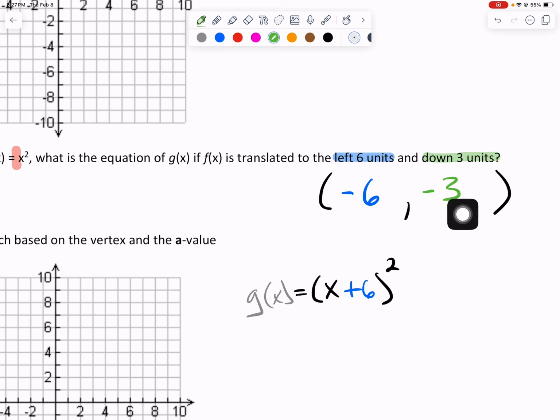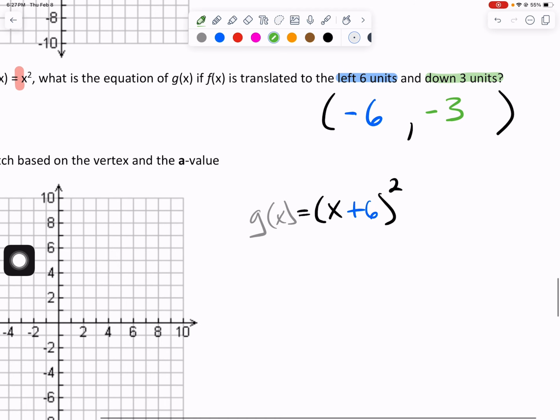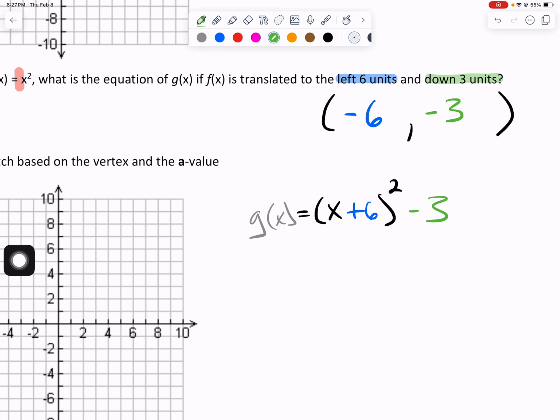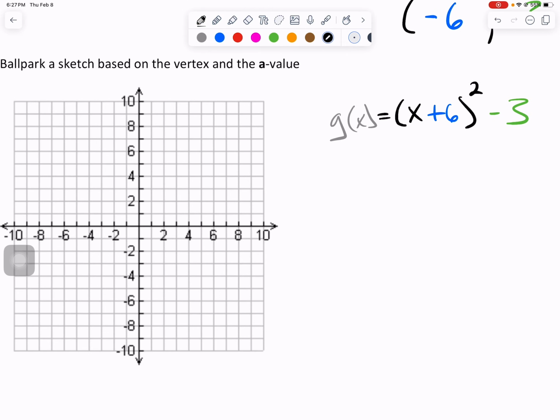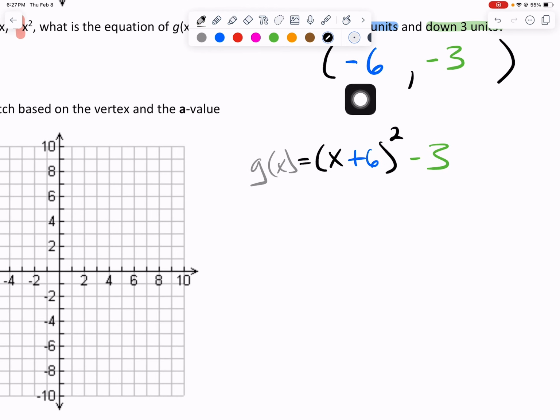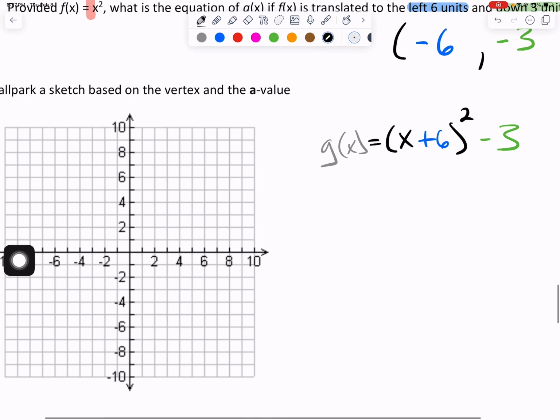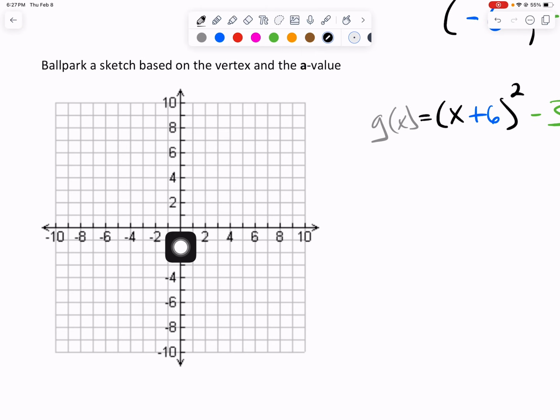And then our k value, keep that a -3. And let's go ahead and simply plot our vertex of (-6, -3). So we are going to go 6 to the left, 3 down.